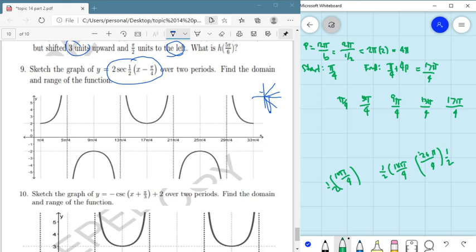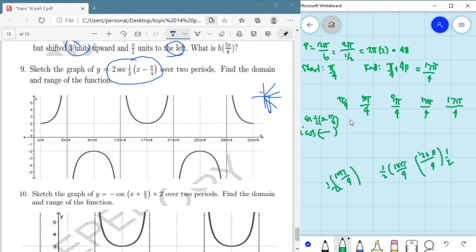And then in between, first we have to find cosine of 1/2 of x minus pi over 4, and then evaluate the cosine of each value. Okay?